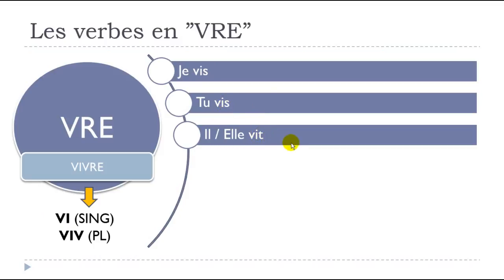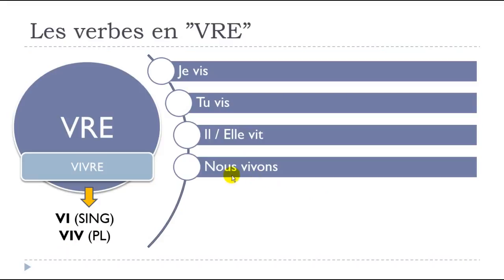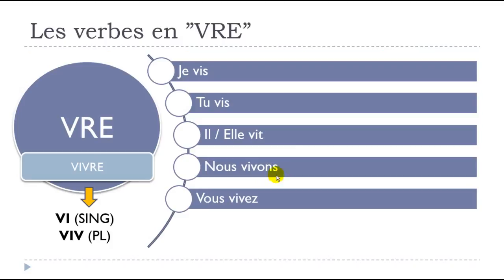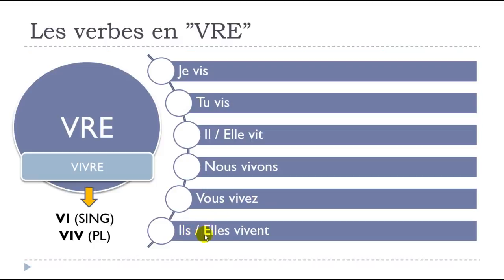And if we keep the logic for the plural form, we will take viv, and then we add the ending, and the classic ending for nous is ons. Nous vivons. Vous vivez. Ils vivent. Elles vivent.